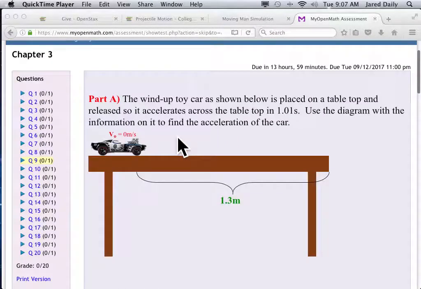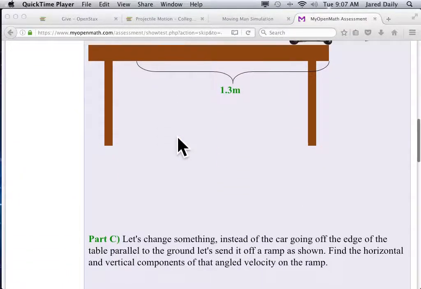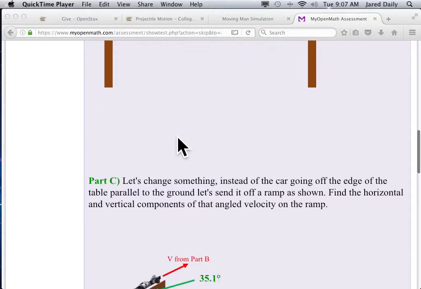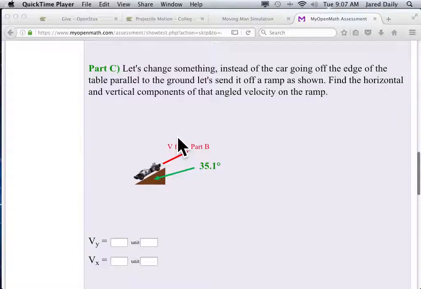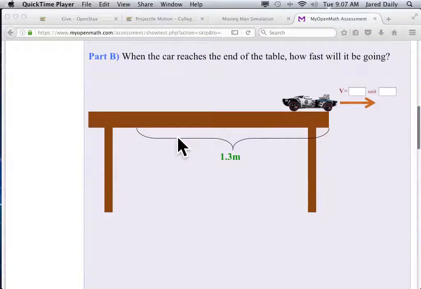Where? Second one. So B, in B, right here. So you want to know its velocity right here? Yeah. How fast.